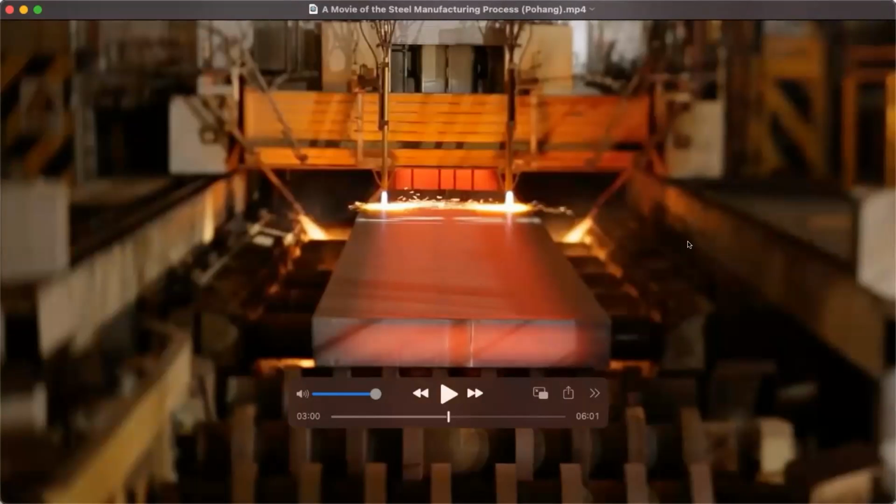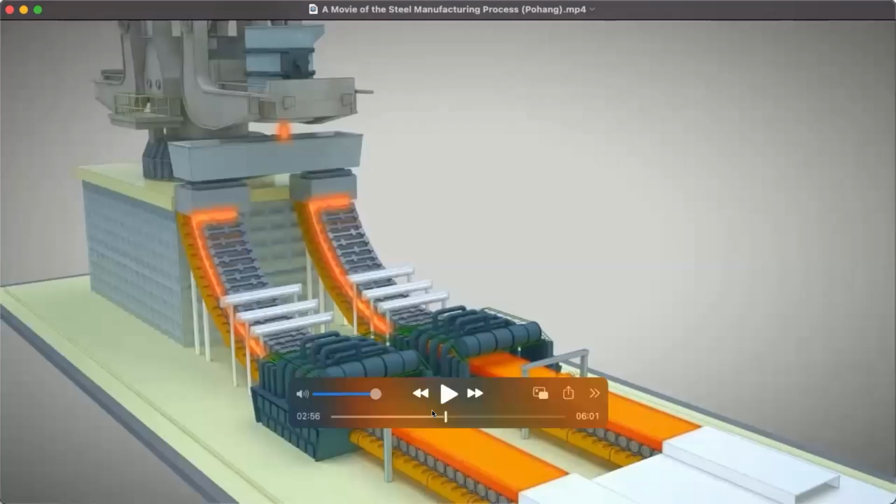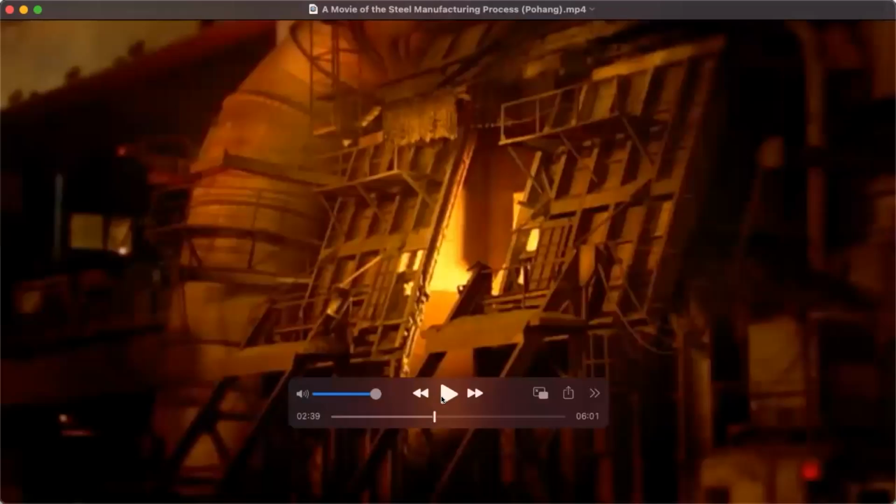Sometimes we add water or also oils, just to cool it down. Okay, so maybe we can watch from here, just to show how the process works.